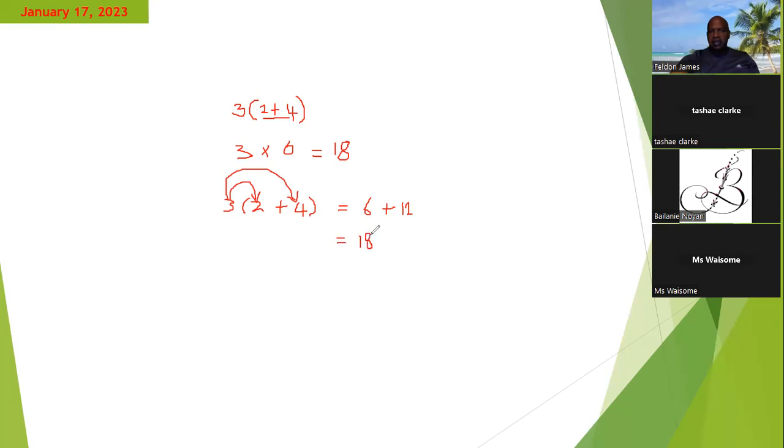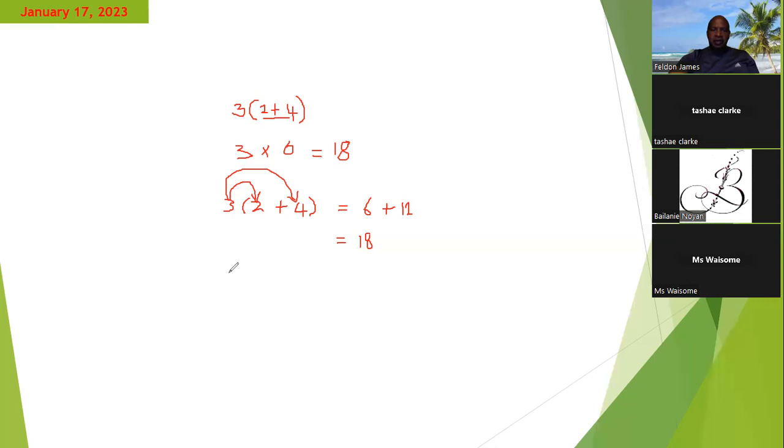Now, what this tells you is that applying the distributive law can give you another way of multiplying brackets without actually summing what is in there. And it is more appropriately used in algebra, because whereas here we have specific values in the bracket, we know we have 2 and we know we have 4.